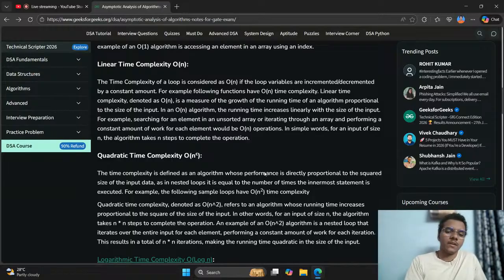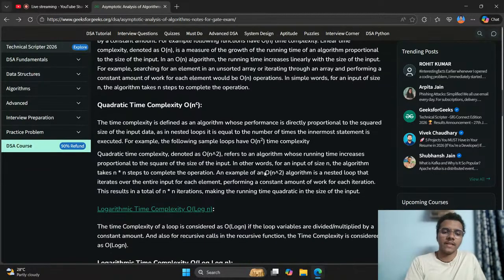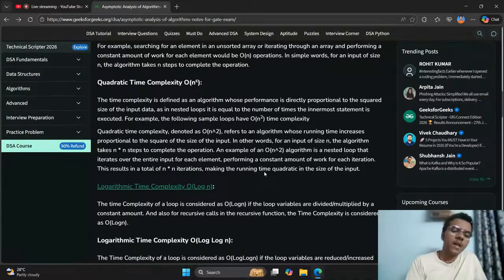In an O of n algorithm, the running time increases linearly with the size of the input. For example, searching for an element in an unsorted array, or iterating through an array and performing a constant amount of work for each element would be O of n operations. In simple words, for an input of size n, the algorithm takes n steps to complete this operation.